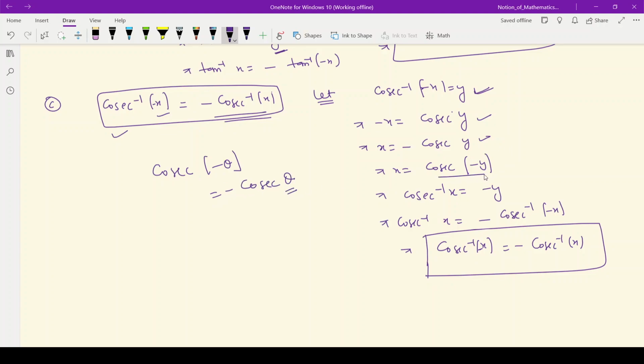So minus cosecant of y is equal to cosecant of minus y. From this step I can write cosecant inverse of x is minus y, and this y value I can take from the consideration. So that is minus cosecant inverse of minus x. Ultimately I have proved it: cosecant inverse of minus x is minus of cosecant inverse of x.